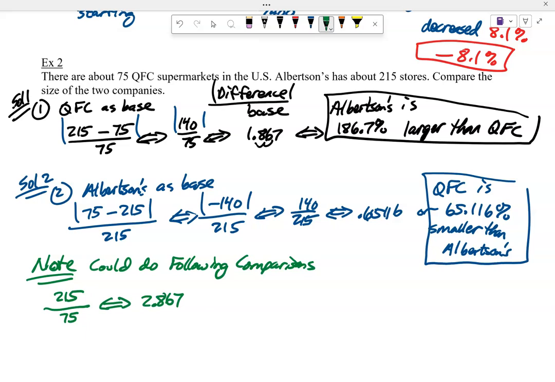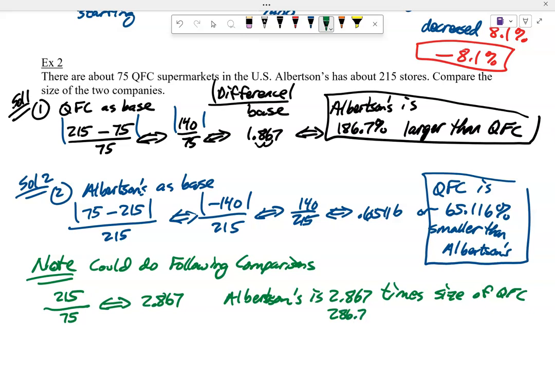So Albertsons, the top one, is 2.867 times the size of QFC. That's another comparison. Or 286.7%.